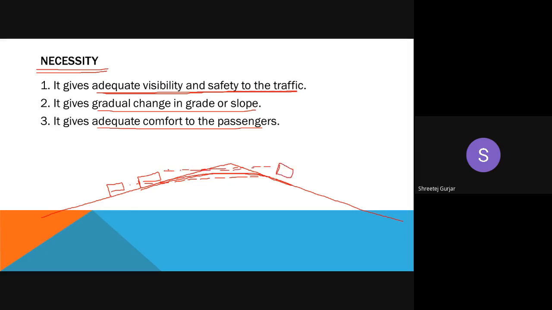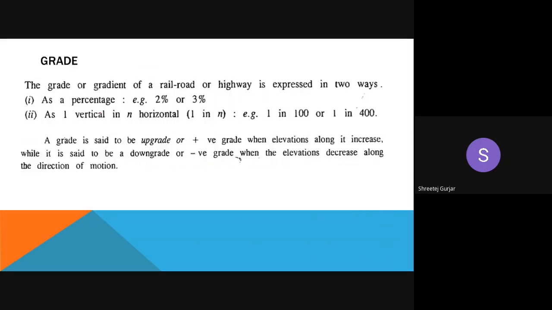So it is clearly visible, and hence it is safe for the traffic. To provide adequate visibility and safety for the traffic, these vertical curves are necessary for this condition. Okay, so I hope you have understood the necessity of a vertical curve, why we need to provide a vertical curve.